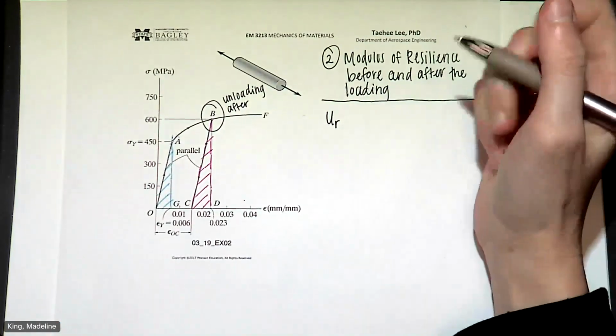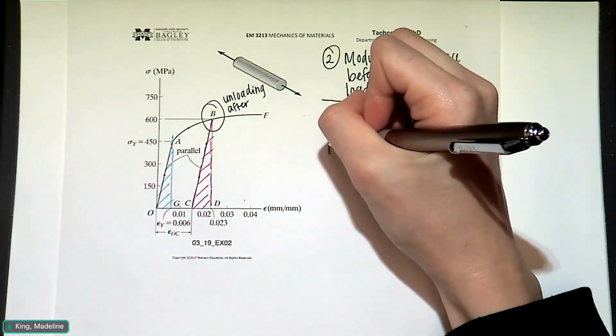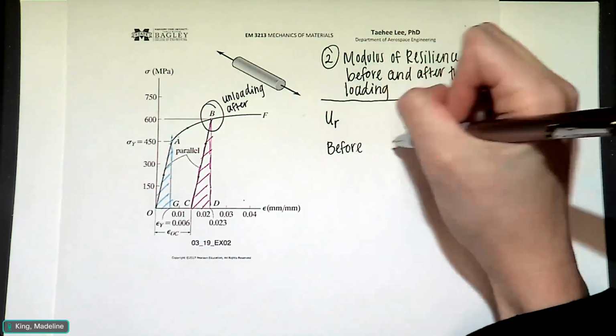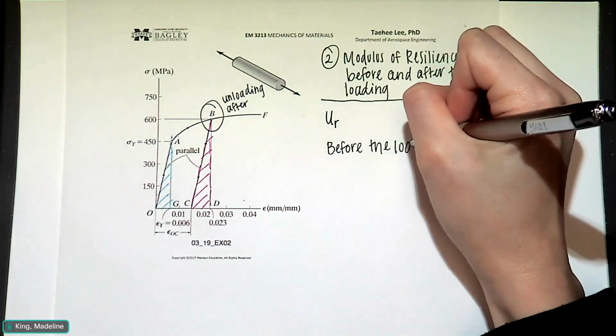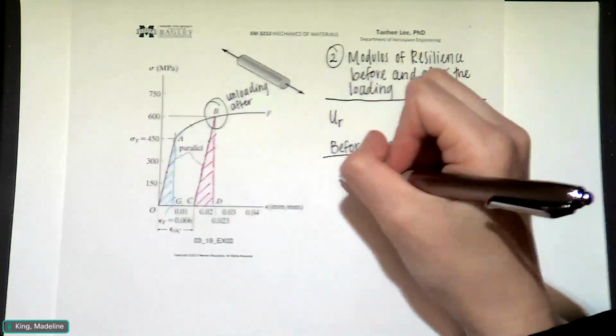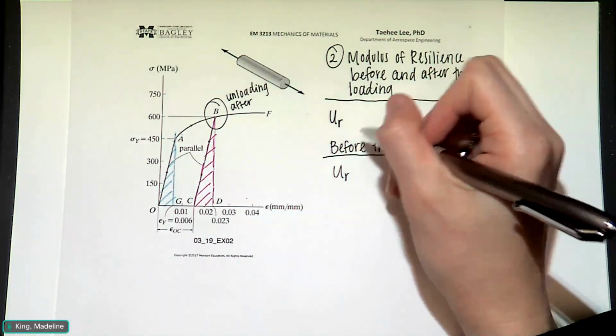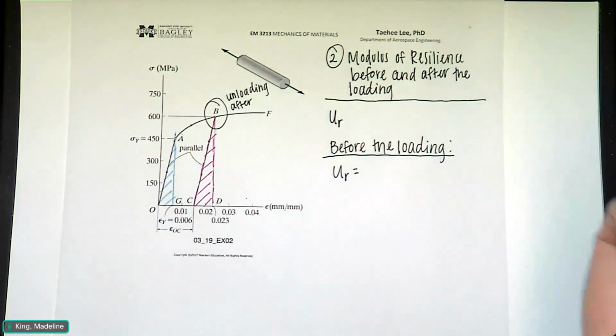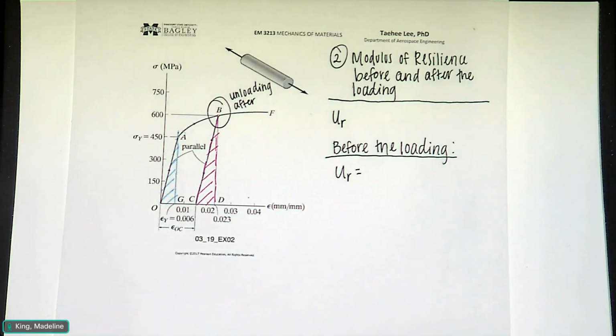All right. So if we're going to focus on before the loading, like I said, modulus of resilience is usually the symbol UR. And I said it's the area under the curve. Area of a triangle is 1/2 base times height.